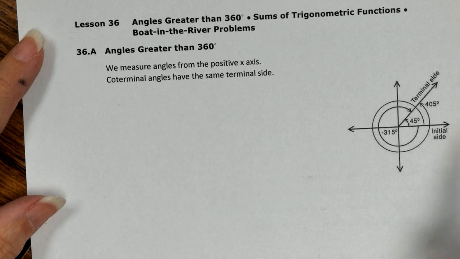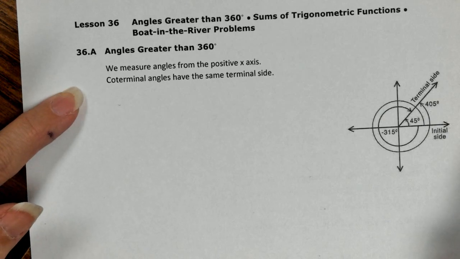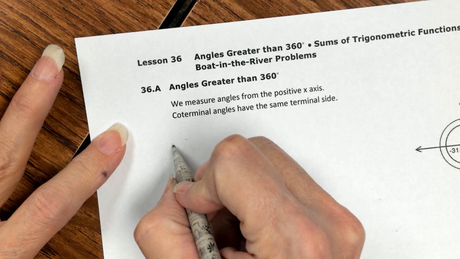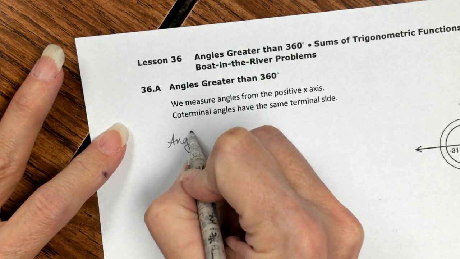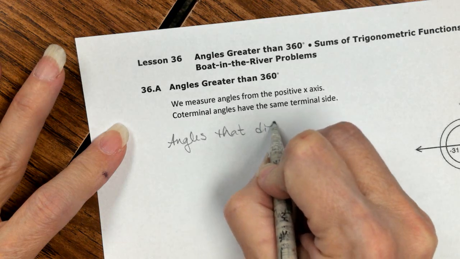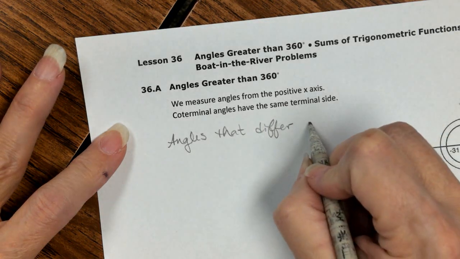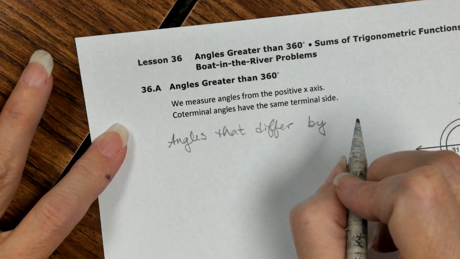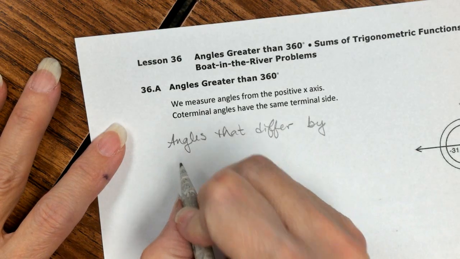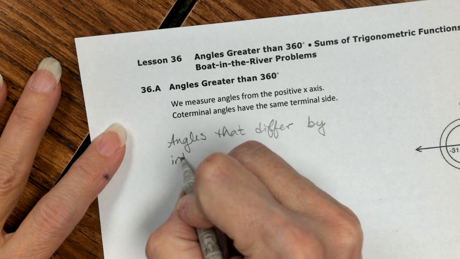I'll just put a couple little notes on here. We have the thing about coterminal angles. Angles that differ by multiples of 360. The book says integer multiples, so we'll add that.